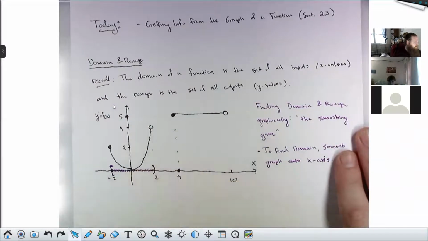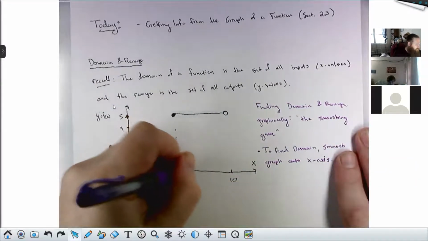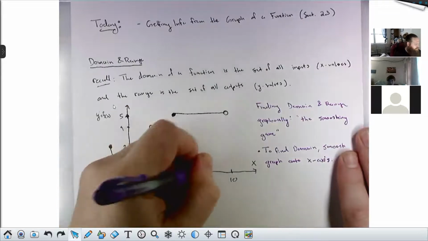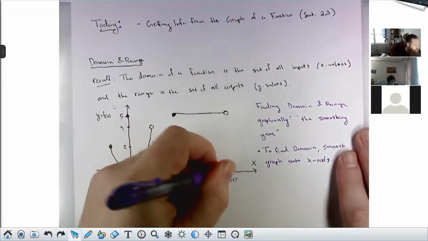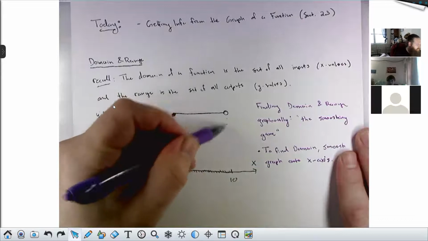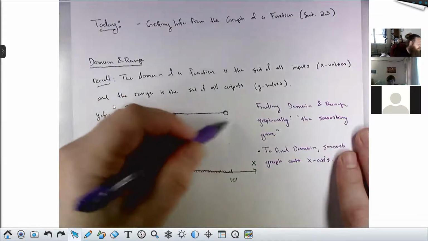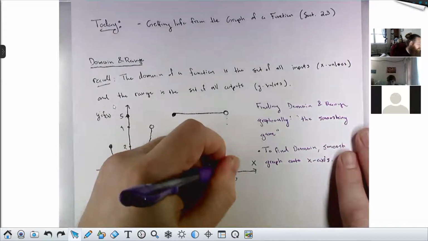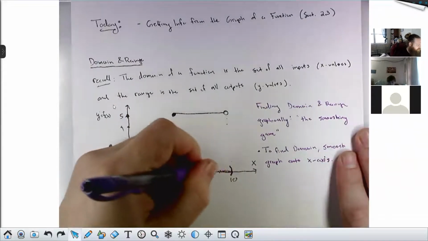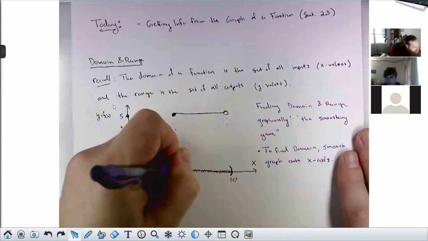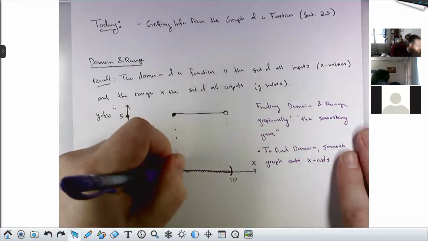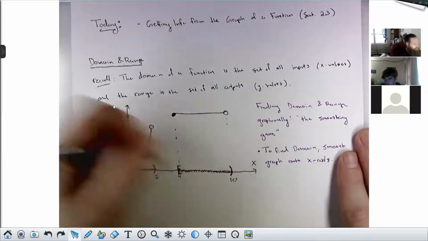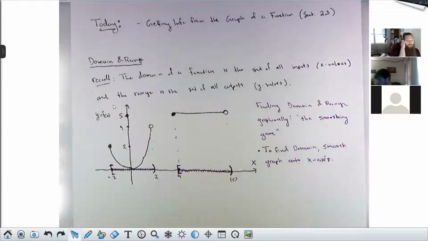And this whole segment in here is going to come down and hit everything in here. And then just like the other guy, there isn't actually a point on the graph at that open circle. So the 10 doesn't get hit, but everything up to it does. Okay, and the 4 did get hit, so I'm going to use a bracket on it. The shaded region on the x-axis is the domain.